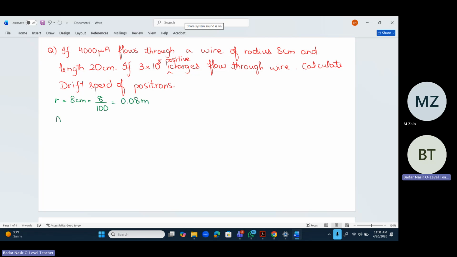Okay, so first the radius is given as 8 centimeter. So you can find out the cross-sectional area of the wire using the formula pi r square. Okay, so what do we get?